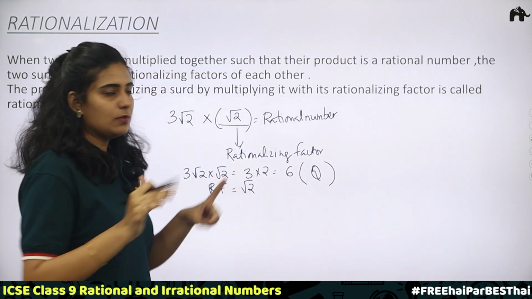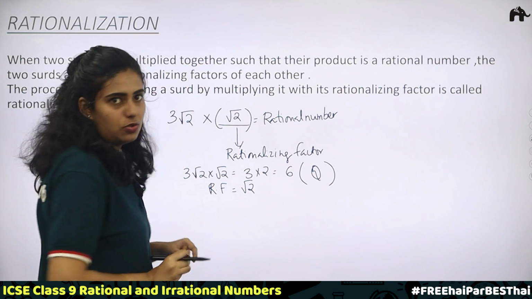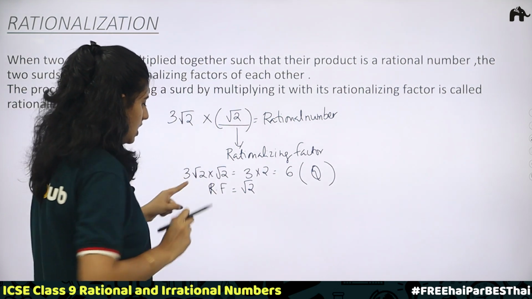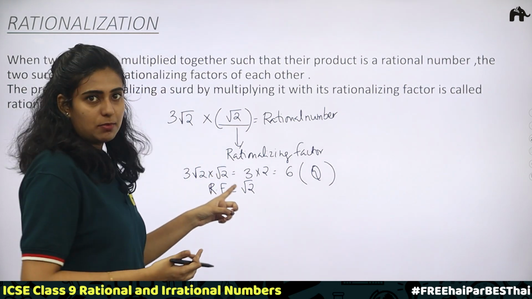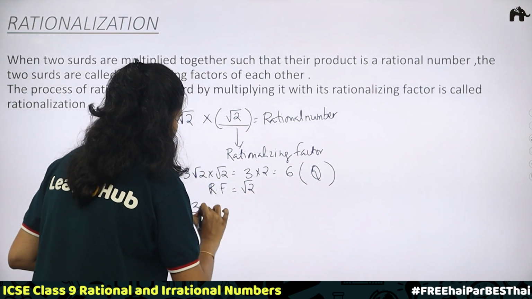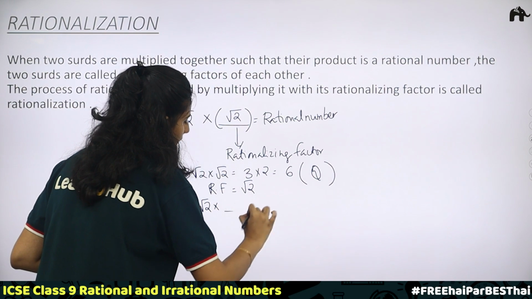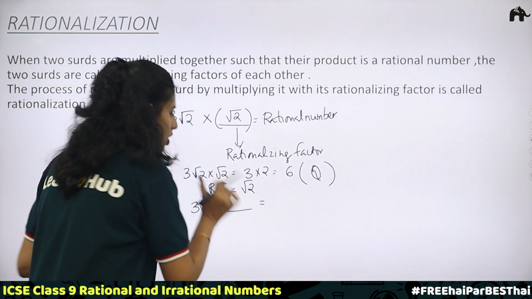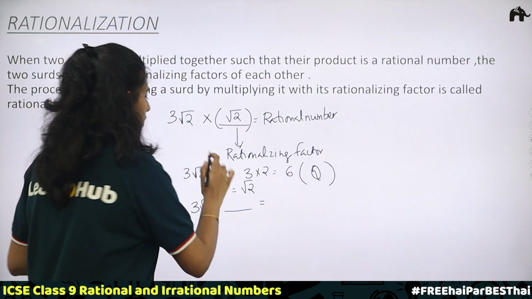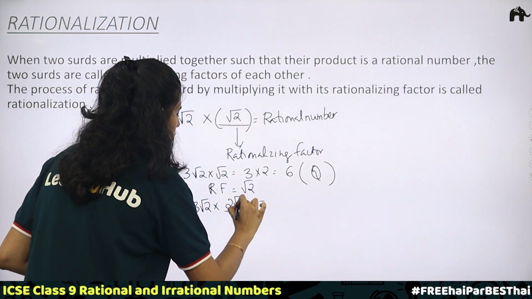Now I am asking, is it only root 2 that, multiplied to the irrational number 3 root 2, will give you a rational number? Are there any other numbers that can be multiplied? For example, I take the same 3 root 2 and multiply with some other number and get a rational number. This number will also be a rationalizing factor. Yes, for example, I am multiplying with 2 root 2.